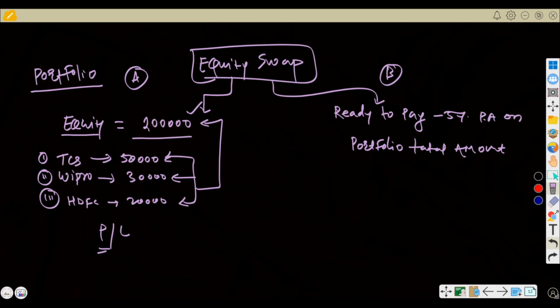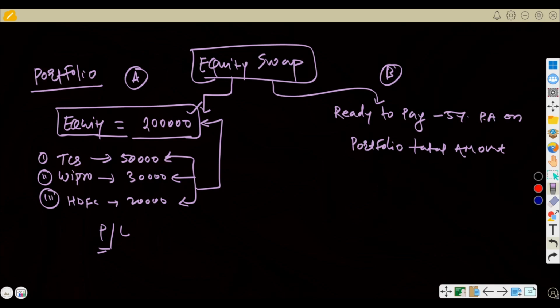Anyway, A wants a valuation of 1 lakh. Whether the portfolio generates profits of more than 1 lakh, or the portfolio goes below 1 lakh, that's absolutely fine. A will have the same investment, which is 1 lakh, under any circumstances.